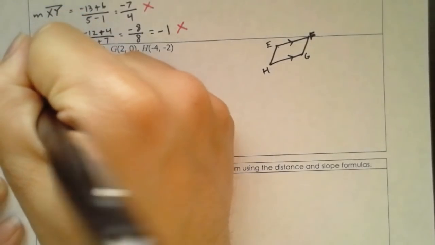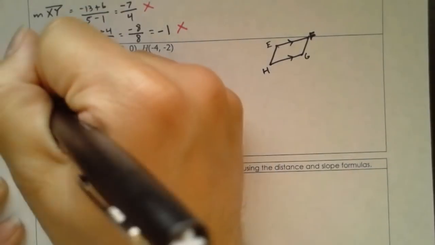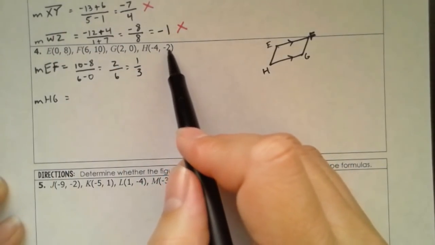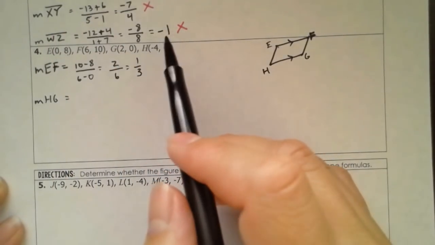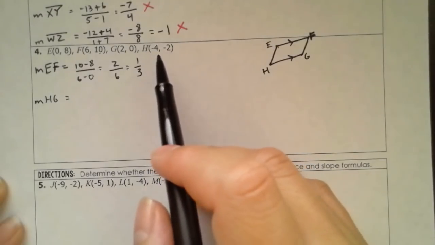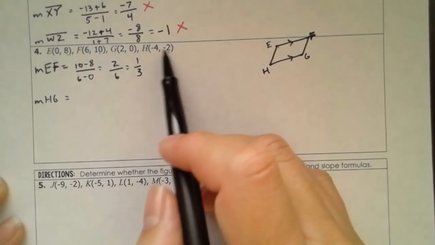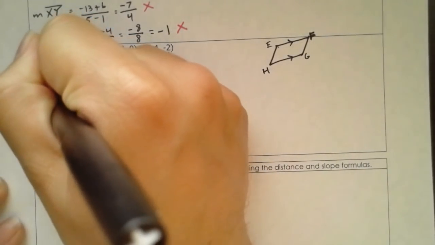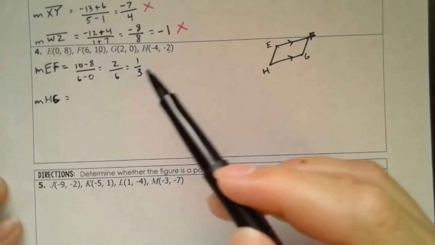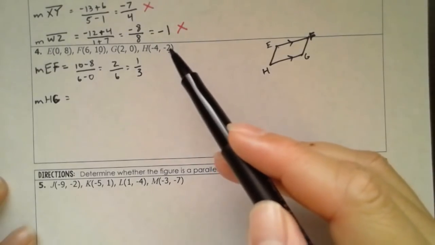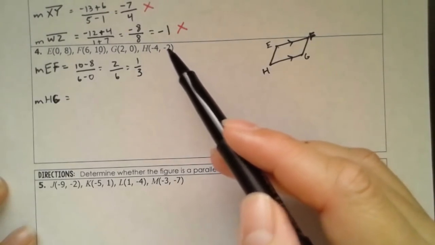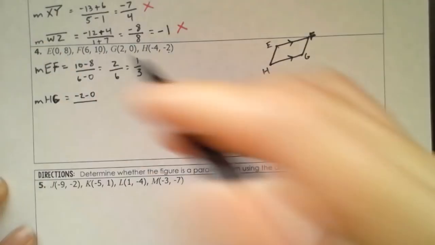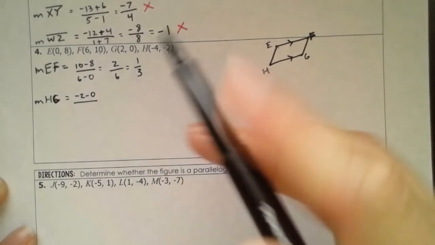Then I have the slope of HG, and the order of how you plug in which one you consider Y2 and X2 does not matter, as long as you're consistent. So if this is my Y2, this is also my X2, in case I haven't been using the same order. So negative 2 minus 0, negative 4 minus 2.